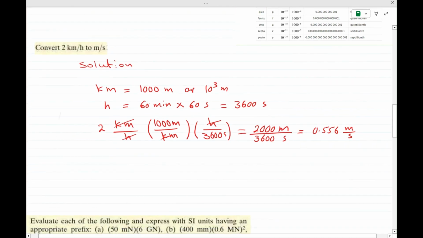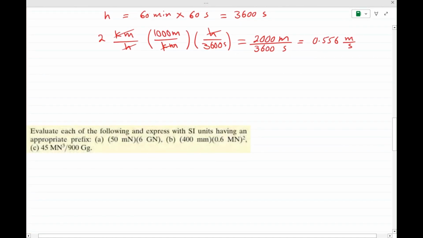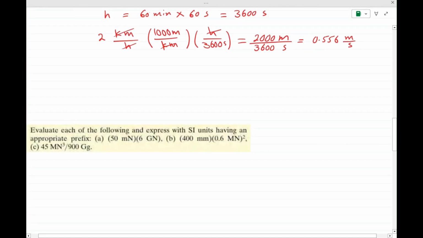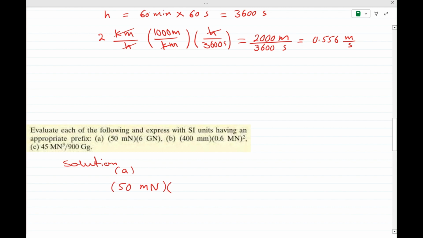The next question is asking us to evaluate each of the following and express them with standard international units, having an appropriate prefix. Part A, then we say solution. For part A, we have 50 millinewton times 6 giganewton.